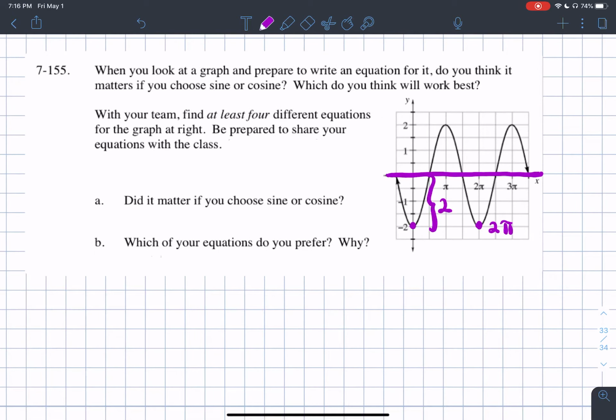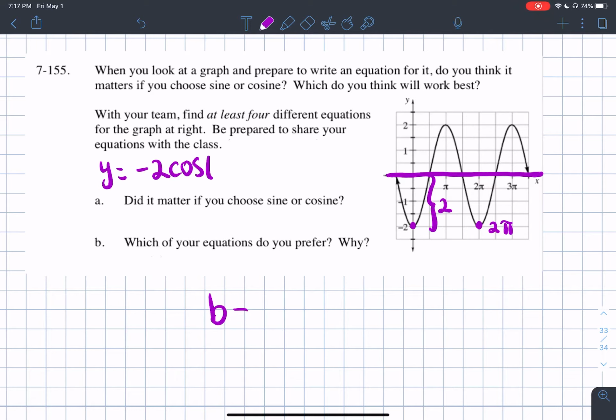So if I would write one equation, I would write y equals, it's flipped, so negative. My amplitude is 2, so 2. We're using cosine in this case, so cosine of b times x.